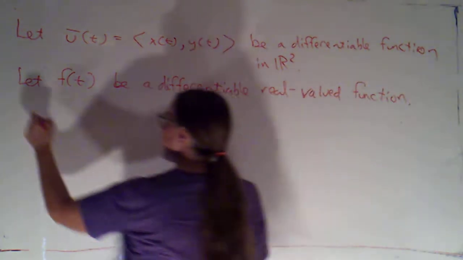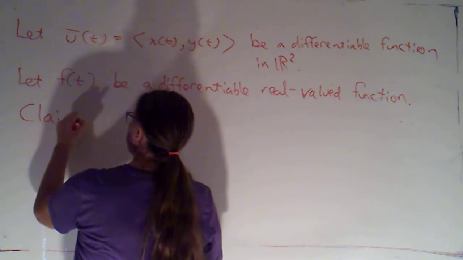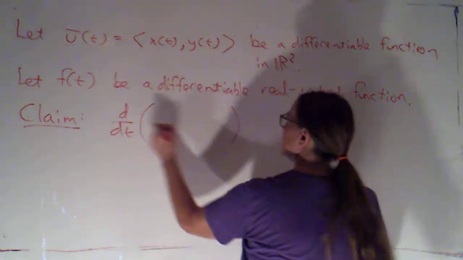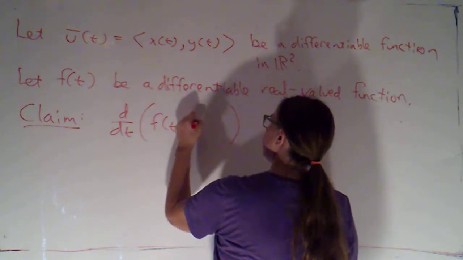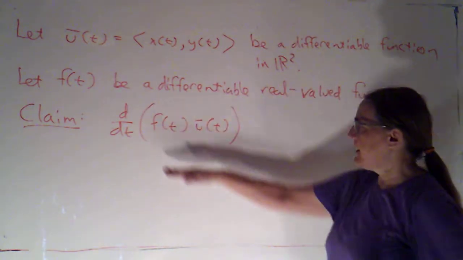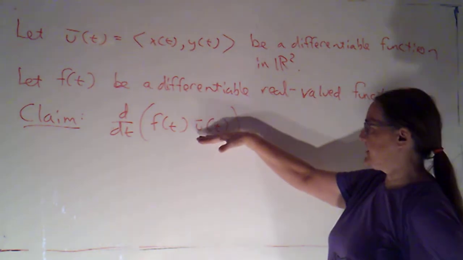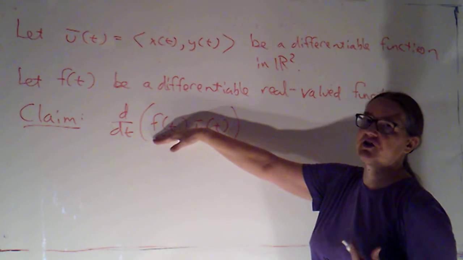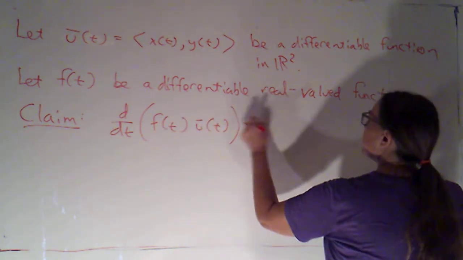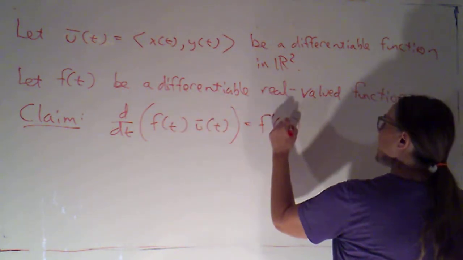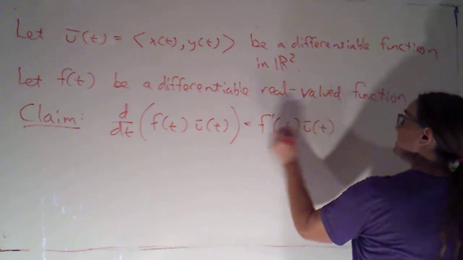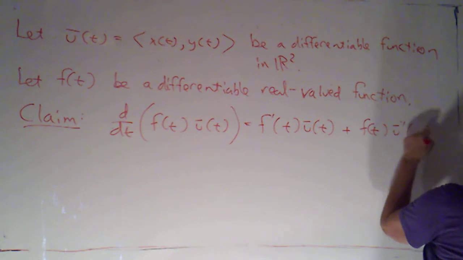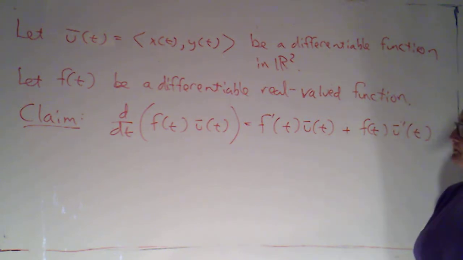And I'm going to just write out what my claim is. The claim was that the derivative of f of t u of t, that's the vector function I get if I scale the vector function u by the scalar valued function f of t, is just f prime of t being used to scale u of t plus f of t being used to scale u prime of t.